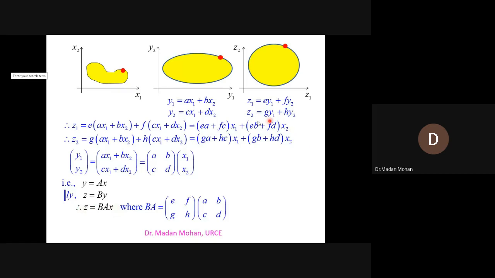X is X1, X2 here. So the BA should be what, please? Please tell me here. From the equations. We don't know any multiplications, please. This BA should be these four. Do you agree? Okay. This BA should be these four.